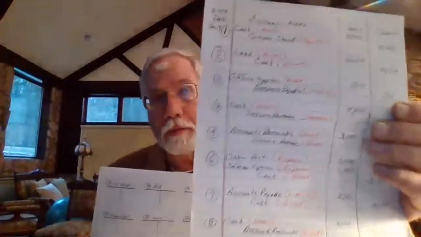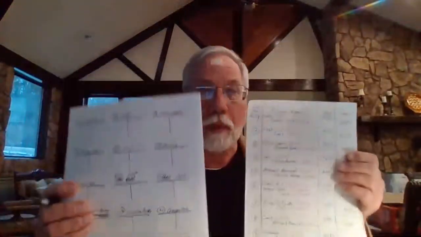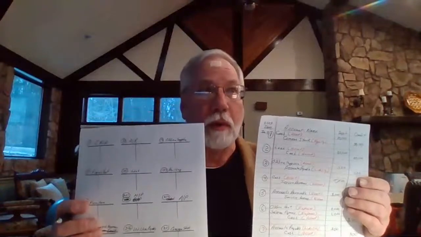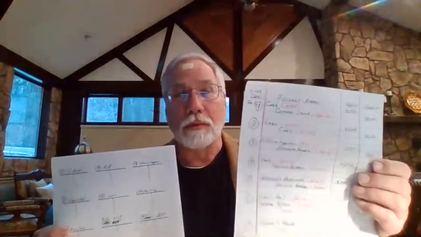Now, I hopefully said in the last video, when the transactions are being recorded in the general journal, we're going to transpose that information to the general ledger accounts. It's the same information. You might think, why are we doing the same thing twice? Why not just put it in the general ledger accounts directly? No, that's not the way it's done. This is to record them.